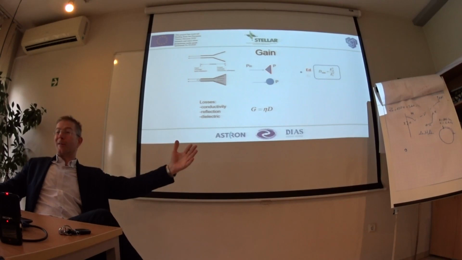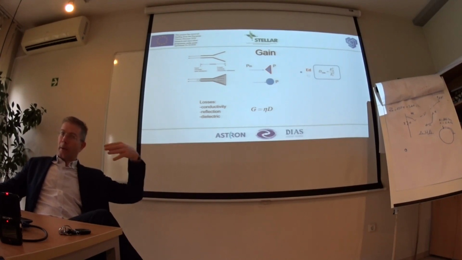And the gain is the same, but on antenna inputs. And we have any type of losses, which could be due to finite conductivity of the conductors, a reflection from the input port, or dielectric losses inside the antenna. They are counted into the gain number.